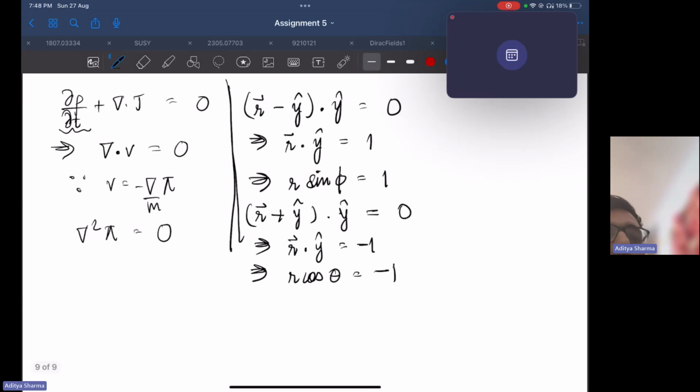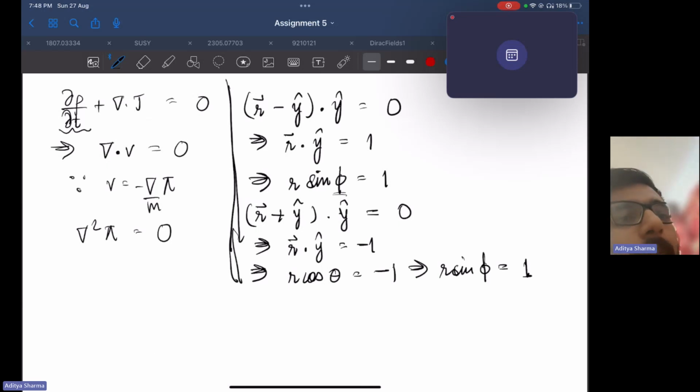We're going to get the same equation, because if you have phi to be minus phi, you're going to get this. Solve it. This is fine.